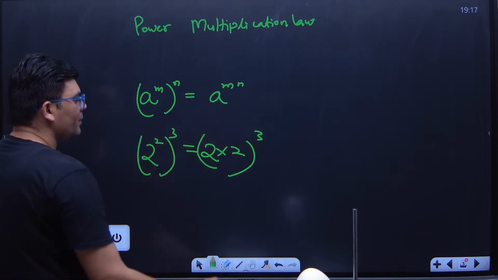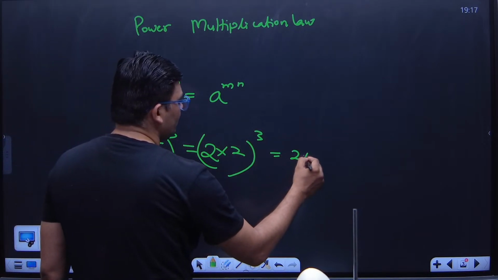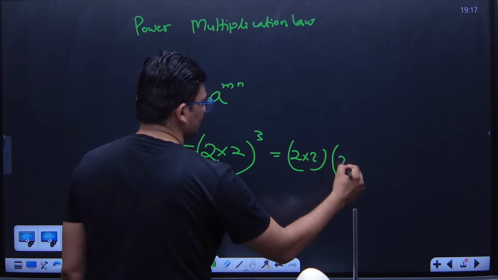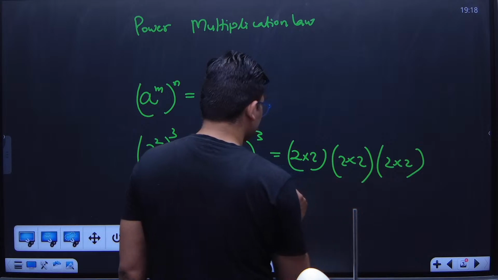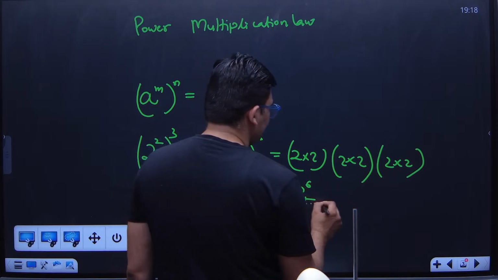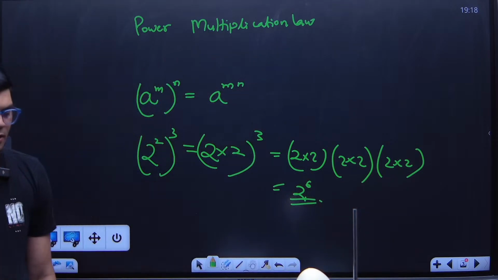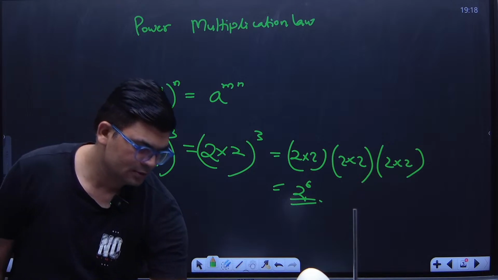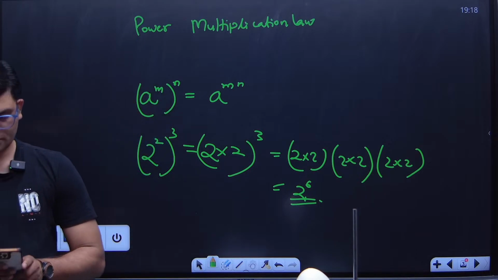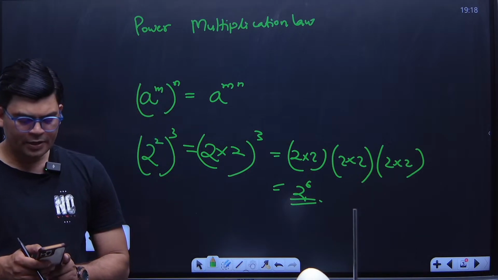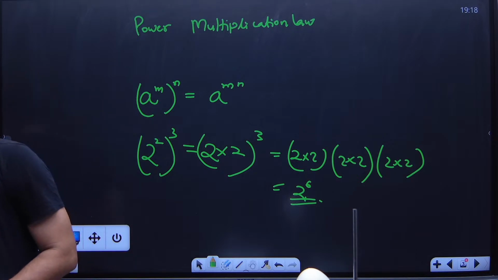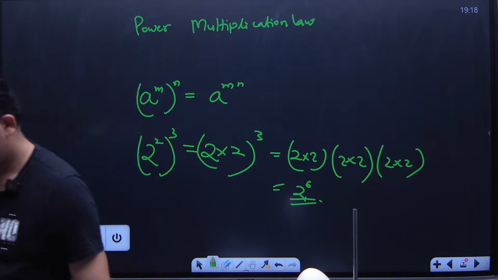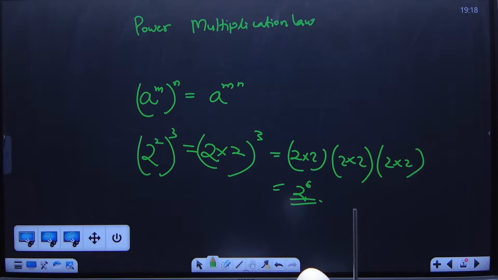So 2 into 3 will become how much? 6. So the final result is going to be 2 raised to the power 6. Are you getting it? Yes, sir. Very well. Now we are left with only 2 laws.